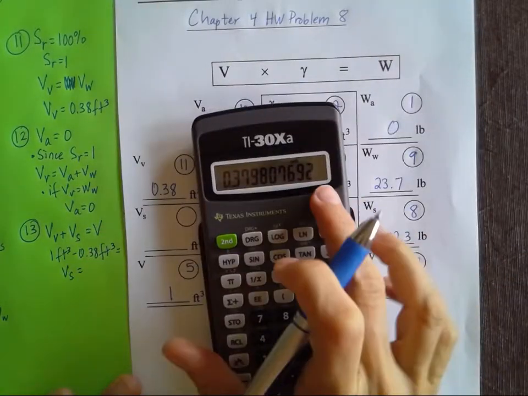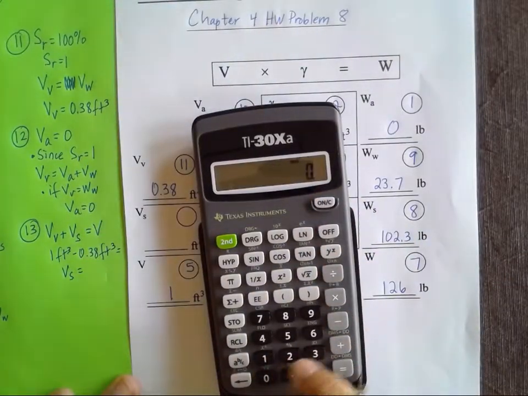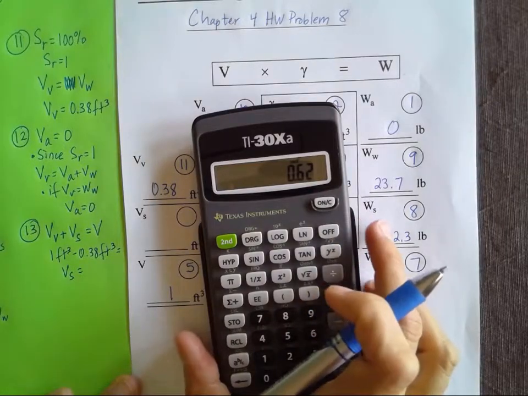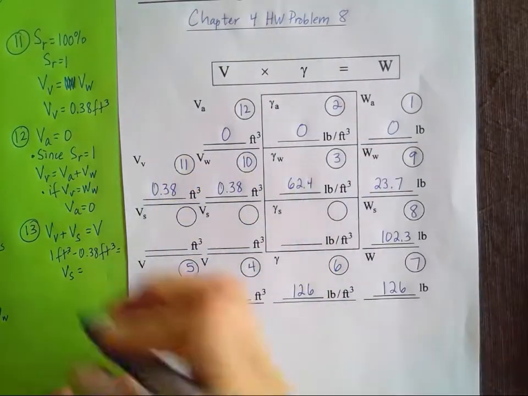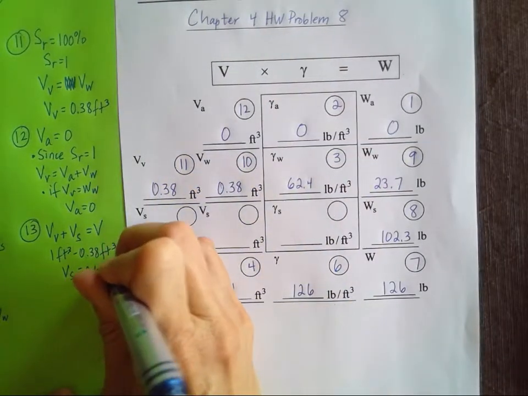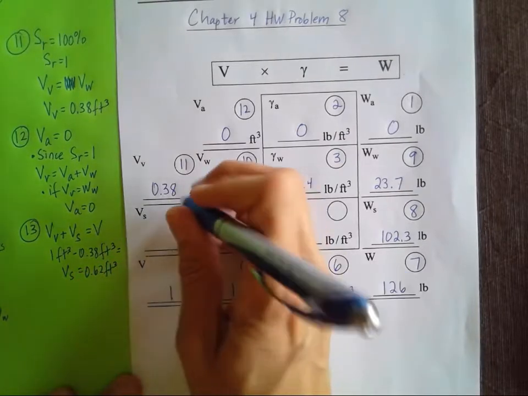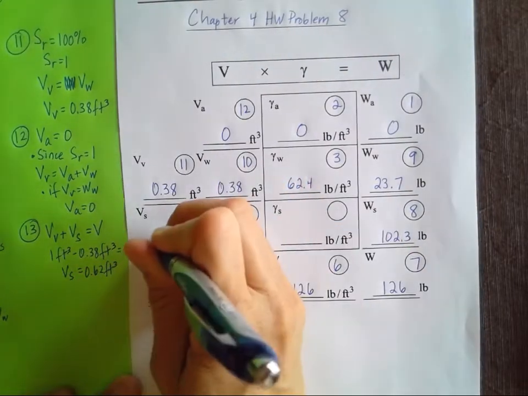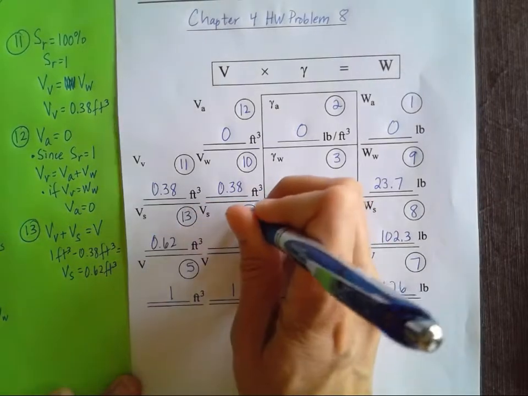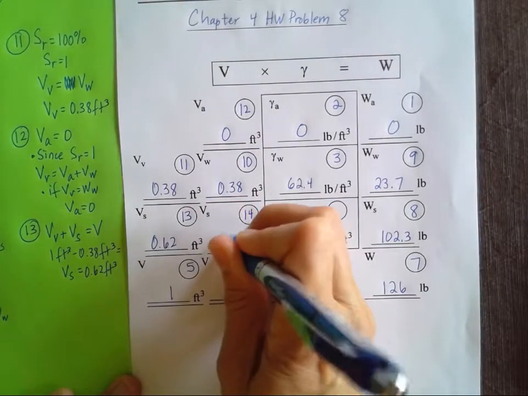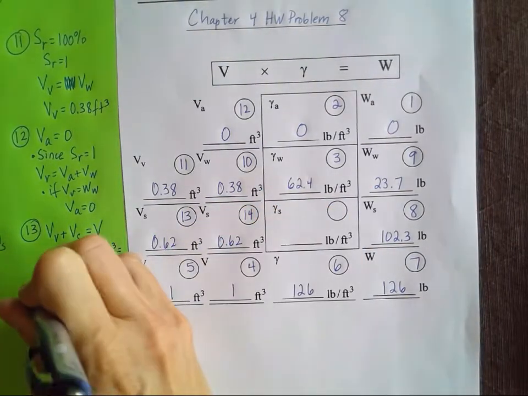And let's go ahead and do that. 1 minus 0.38 is 0.62 cubic feet. And that's 0.62, and then I'm just going to duplicate it over here. Then that will be my 14.